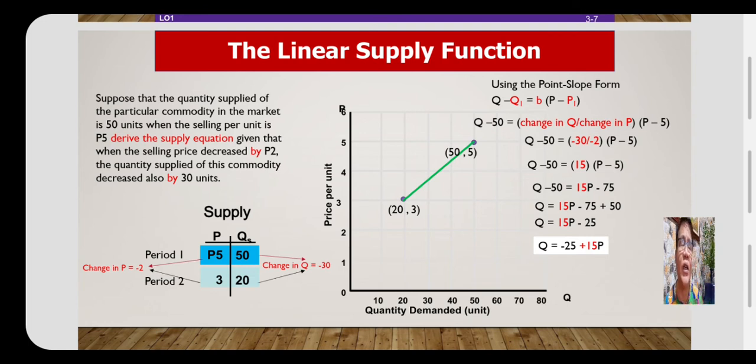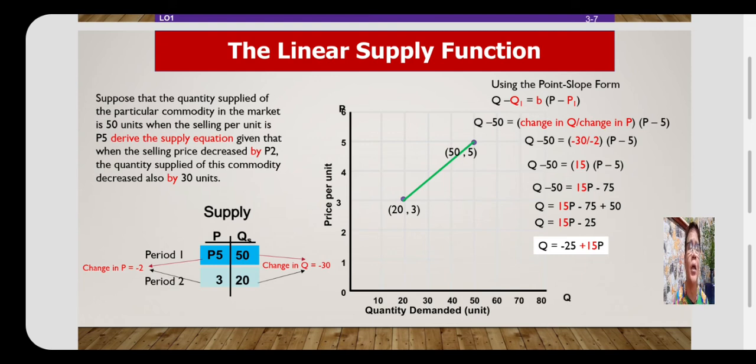So what was given in the problem is a linear equation in the form of the point slope form. So we will use the point slope form of Q minus Q1 equal to B(P minus P1) and transform it to the slope-intercept form.